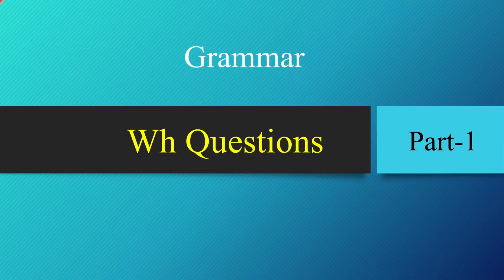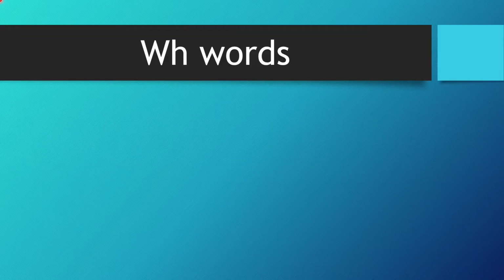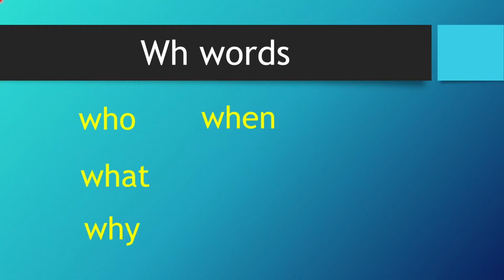Today we'll practice grammar and today's topic is WH questions. This is part 1. In my next video, I'll give part 2. In the beginning, let us know what are the WH words using which we can make WH questions. Who, what, why, when, where, how.